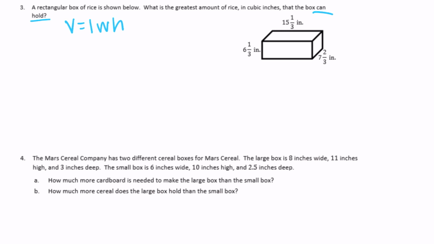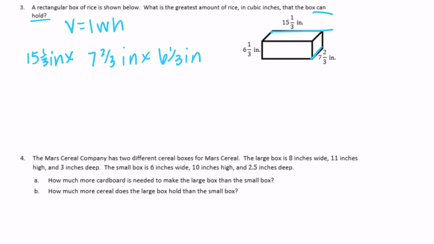So our length would be 15 1/3 inches times our width is 7 2/3 times our height is 6 1/3. So we're basically just practicing multiplying fractions here. And so you can make them improper fractions and multiply them out.